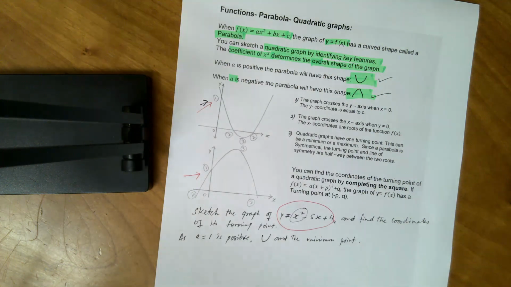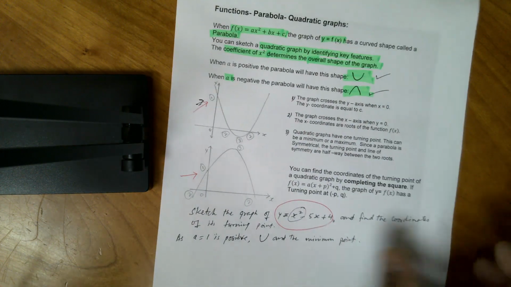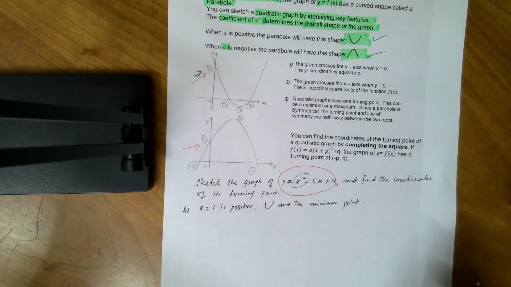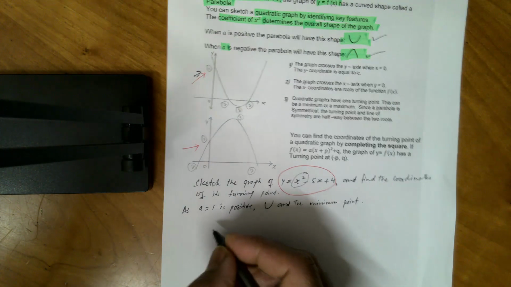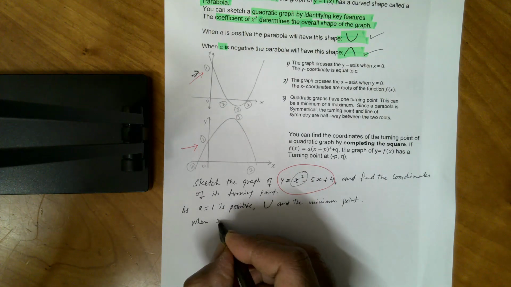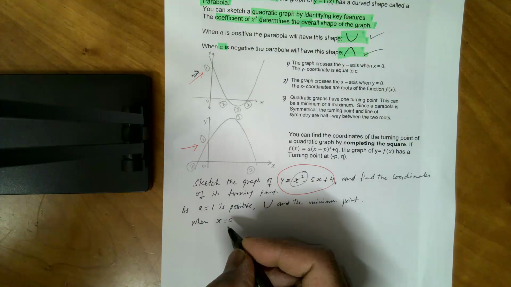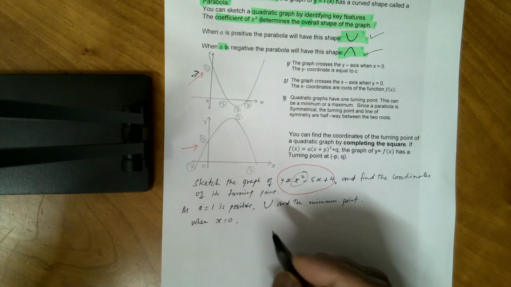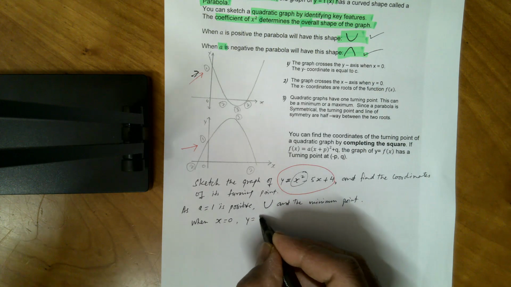Now let's do it by example as well. When x is equal to 0, then y will equal 4.